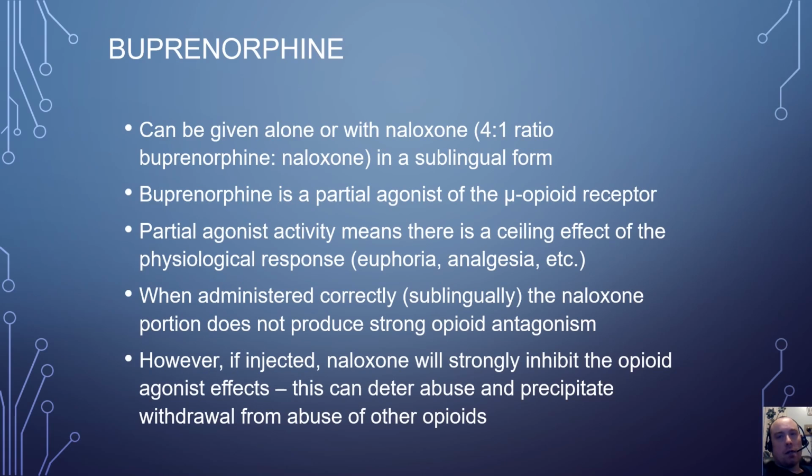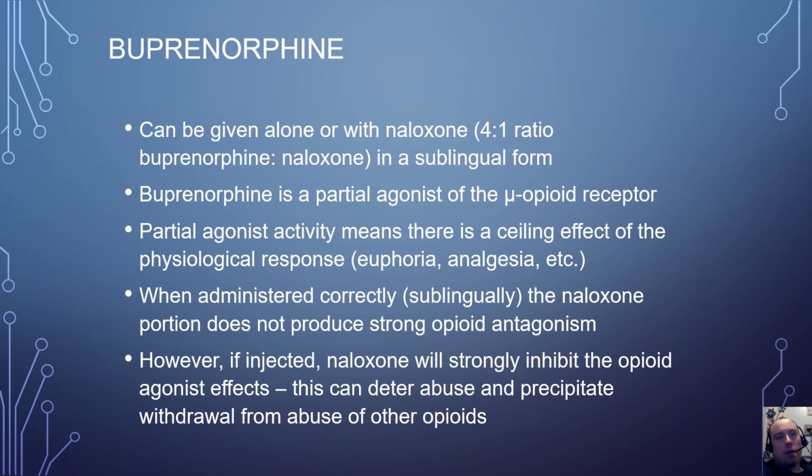And what that does is, first of all, it deters abuse, and it also would deter use in that form with, for example, other illicit opioids. But the main point is that it deters overdosing intentionally through IV use, because you'll block its effectiveness and you'll block the euphoria.